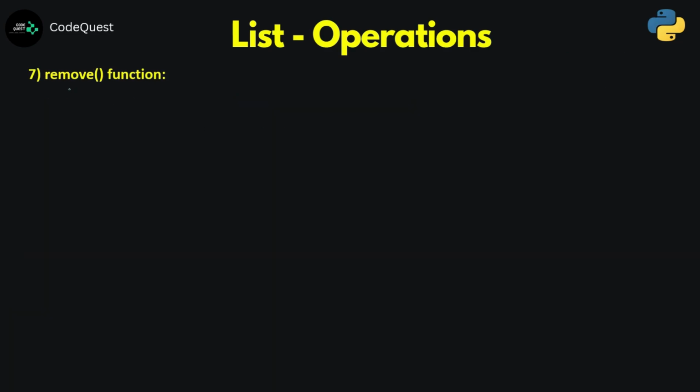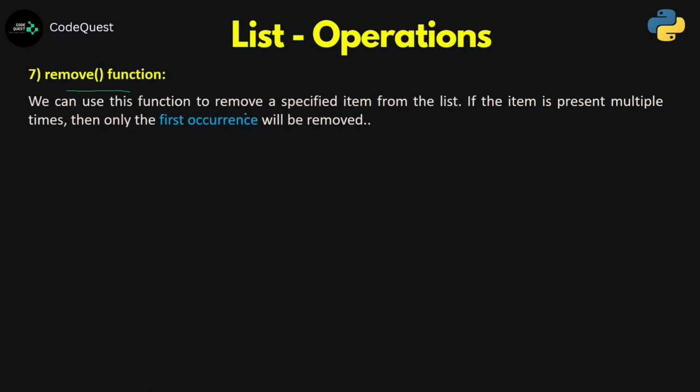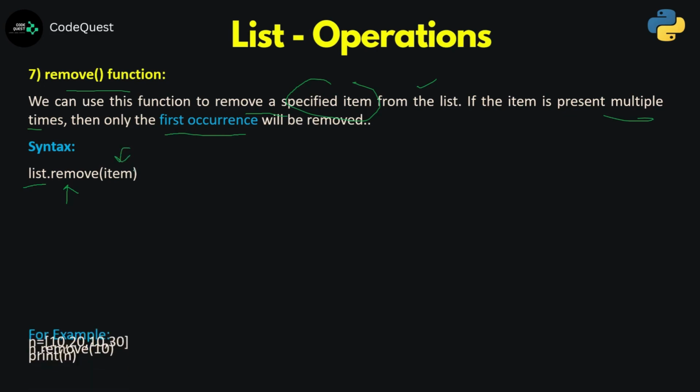Now the remove function, as the name indicates, we can use this in order to remove a specified item from the list. If the item is present multiple times, then only the first occurrence will be removed. The syntax is, you take a list upon which you are applying the remove, and here you specify the particular item that you want to remove.